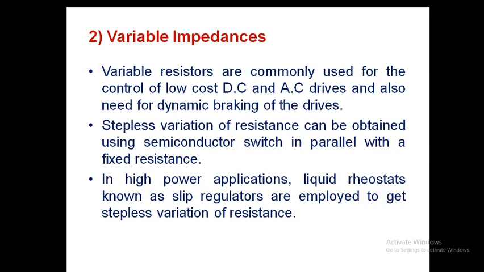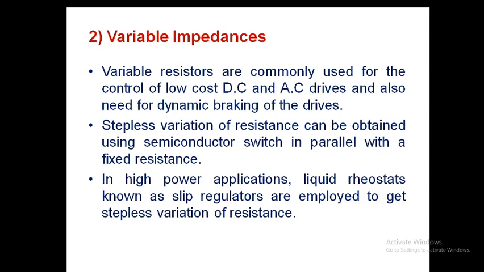Instead of that, stepless variation of resistance can be obtained using a semiconductor switch in parallel with a fixed resistance. Instead of a variable rheostat, we can use a fixed resistance and connect one power semiconductor controlling switch across it, so that by controlling that switch we can get variable resistance.